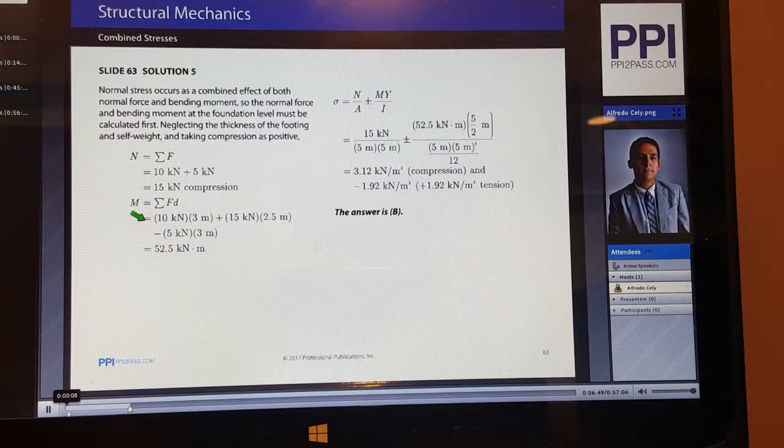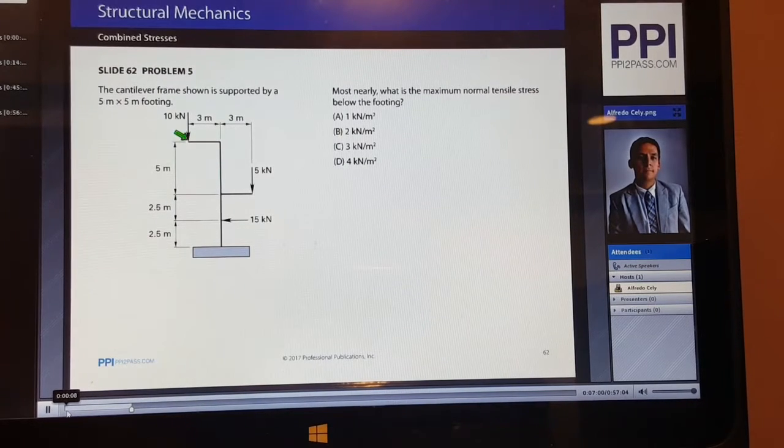Then we find the moments on the footing. So the moments that are acting on the footing are simply the sum of the forces times their moment arm that is trying to overturn that footing.